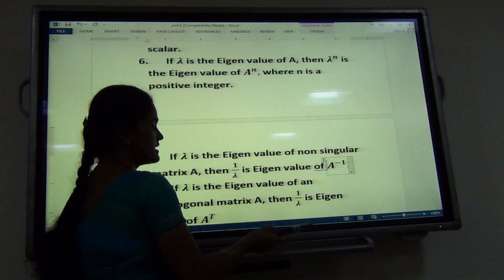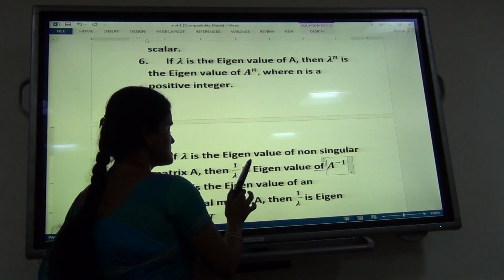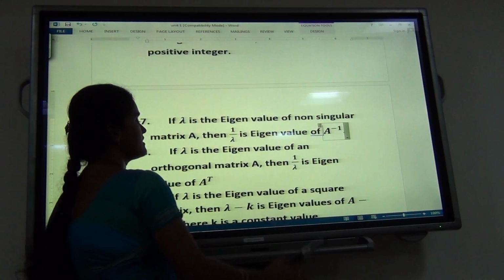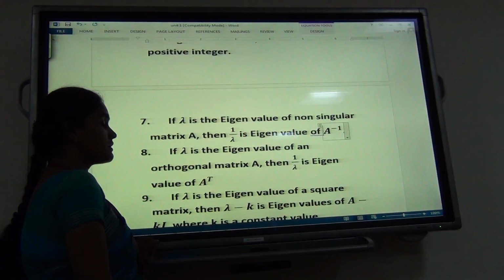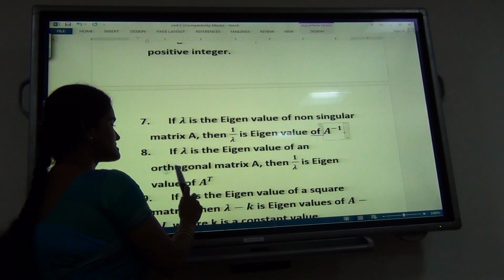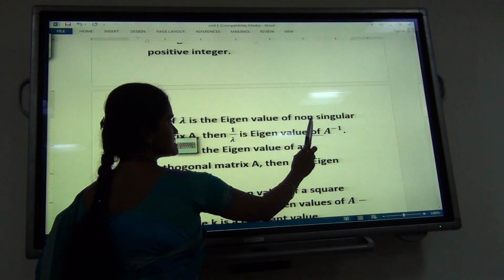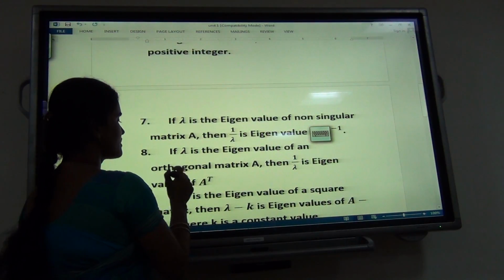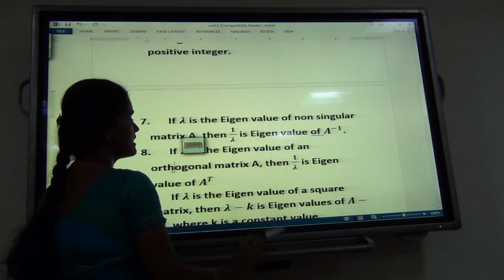The same property holds for A transpose: the eigenvalue of A transpose is also 1 by lambda, provided the matrix is an orthogonal matrix. Here it is non-singular, and here it is an orthogonal matrix.